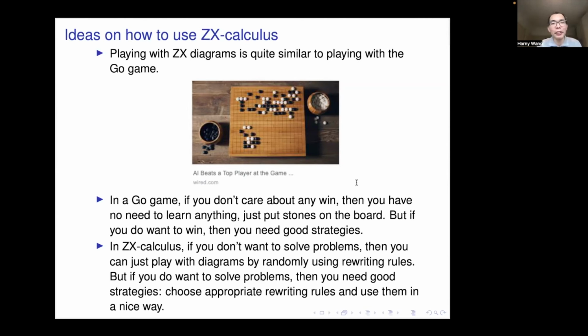But if you want to solve real quantum computing problems, then you also need a very good strategy. That means each step you need to very carefully choose a rewriting rule, and you care about the order, right? In this step you use this rule, and next step you use that rule, not the other way. So strategy is also very important. That's the basic idea. It's like the Go game.